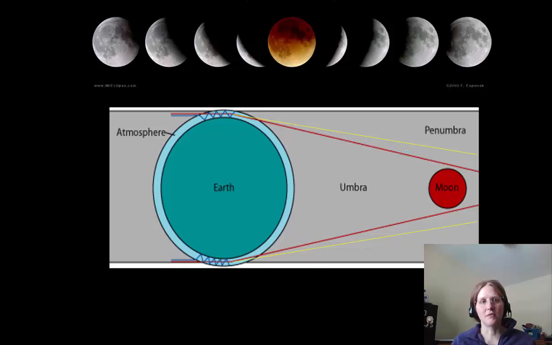So up on the top of the screen, I have a time lapse of a total lunar eclipse. It starts out as a full moon. Eventually you'll see the umbra sneaking across there, and the umbra moving further across the moon.